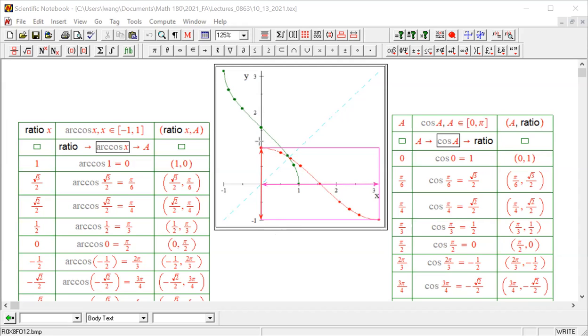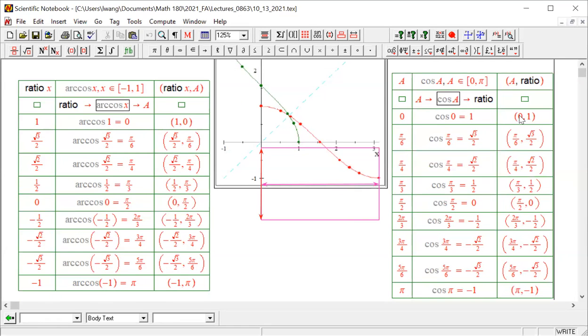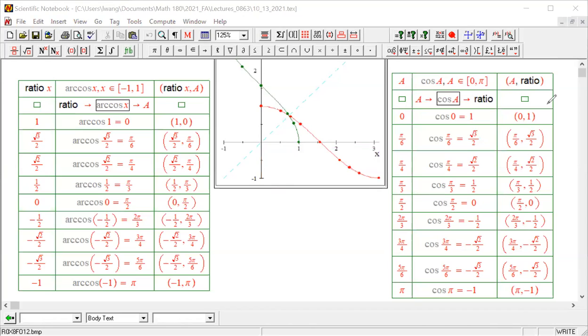From -1 to +1. And from the exercise we did, we have taken values from 0 to pi, and the outputs are ranging from +1 to -1. Do you guys see that?